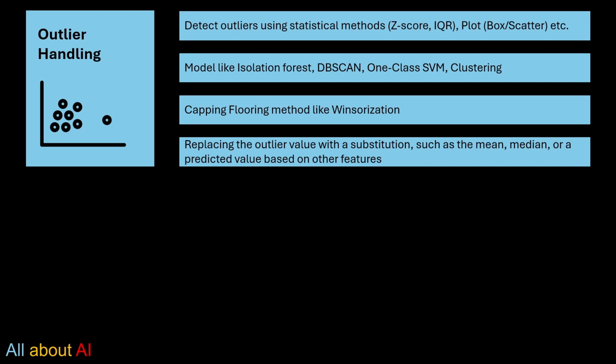There are also mechanisms like replacing outliers with a substitution, such as the mean, median, or some predicted value based on other features. Now, it's very important to understand that in some machine learning the purpose of the algorithm is to detect outliers, like anomaly detection and fraud detection. In those cases, the objective of the algorithm is to detect outliers. We are not talking about those algorithms here.